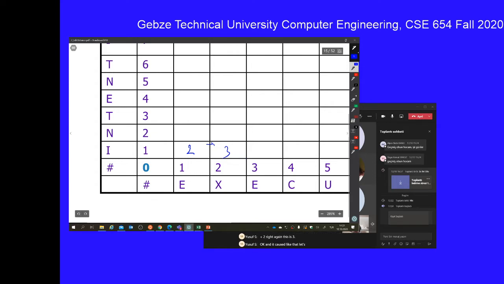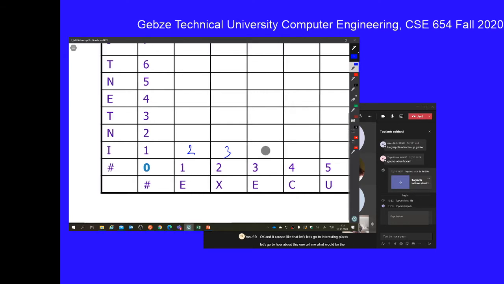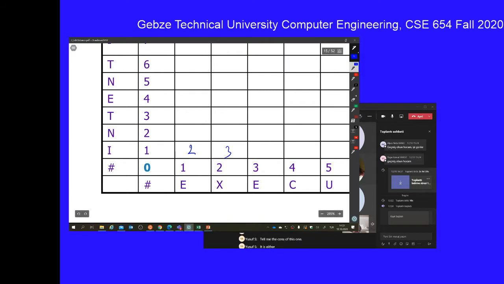Let's go to interesting places. How about this one? Tell me what would be the cost of this one. It is either 3 plus 1, or 2 plus 2, or 2 plus 0. Is it 2 plus 0 or 2 plus 2?